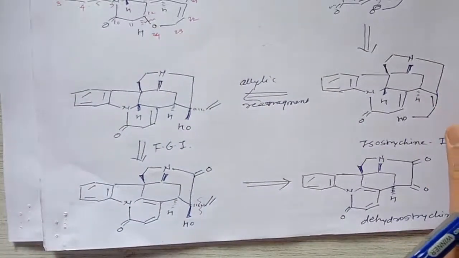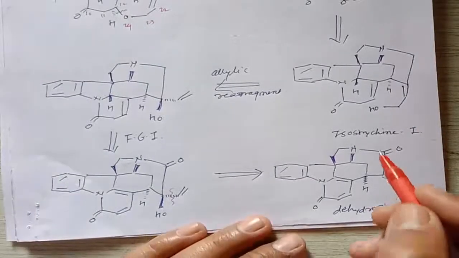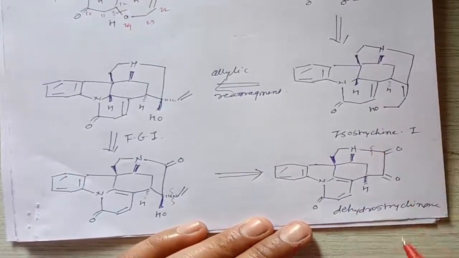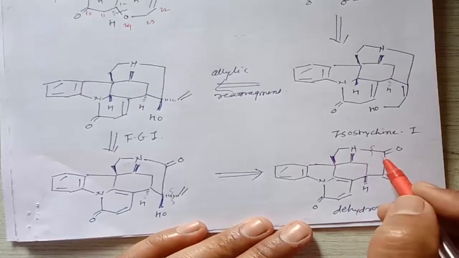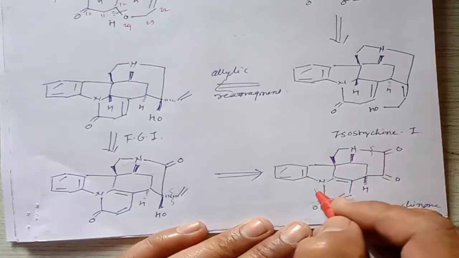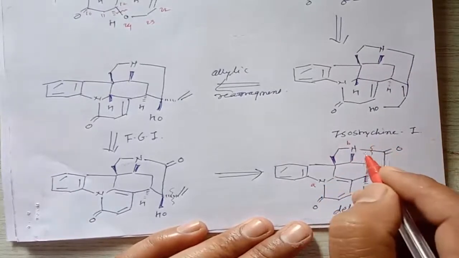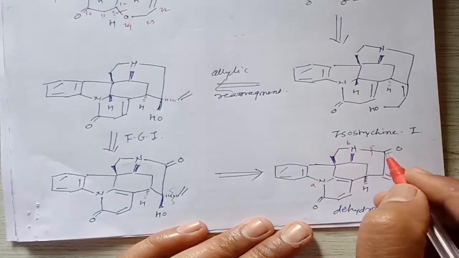Then after that we can break the molecule at this carbonyl functional group. That means we know that this is the amide functional group, and therefore we can break this amide functional group. Suppose we call this nitrogen A and this nitrogen B, then we can break this N-B-C bond.